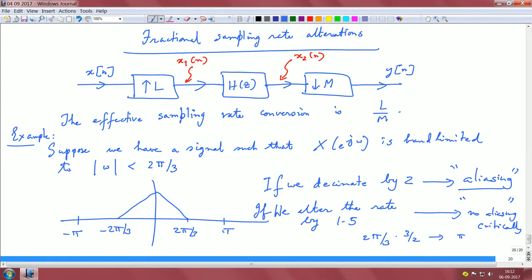So this gives you a sort of an idea how much we can alter the sampling rates such that we do not land up with aliasing errors. Okay.